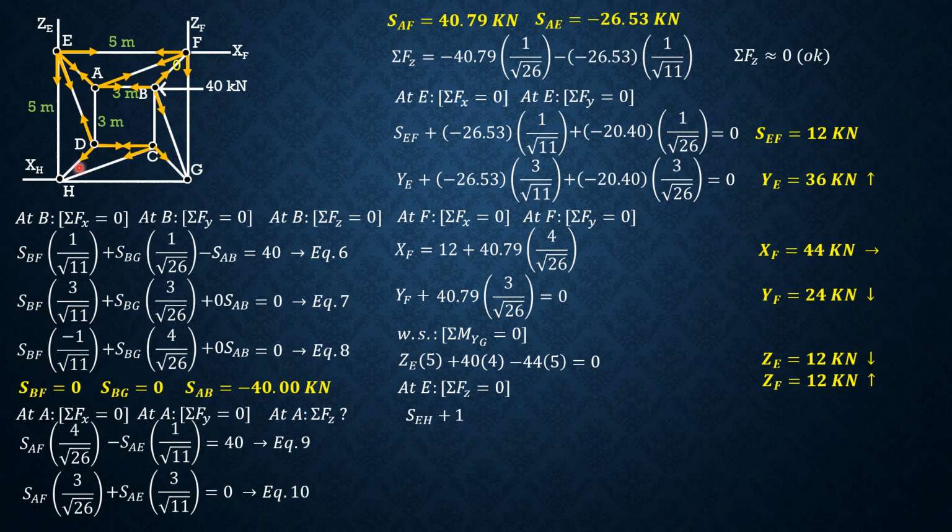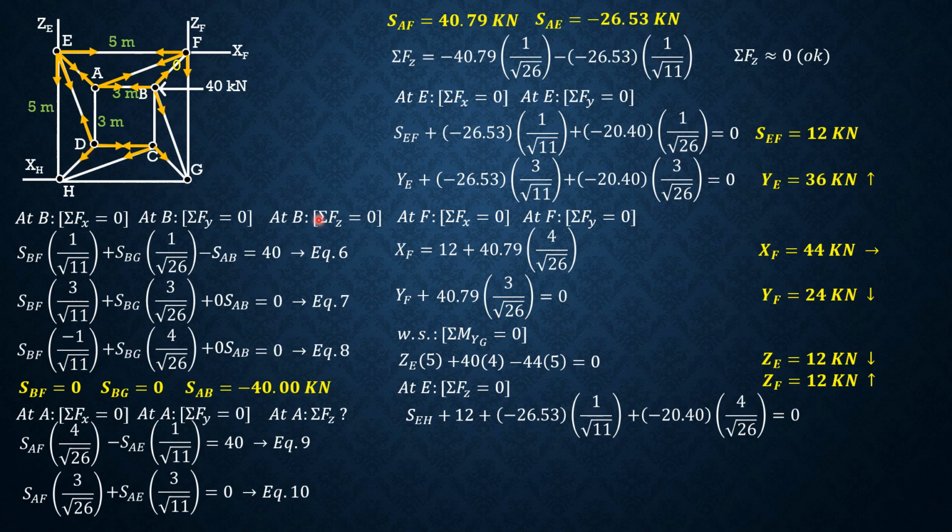So SEH plus GE, which is 12, plus negative 26.53, this is SAE, times 1 over square root of 11, plus SDE.